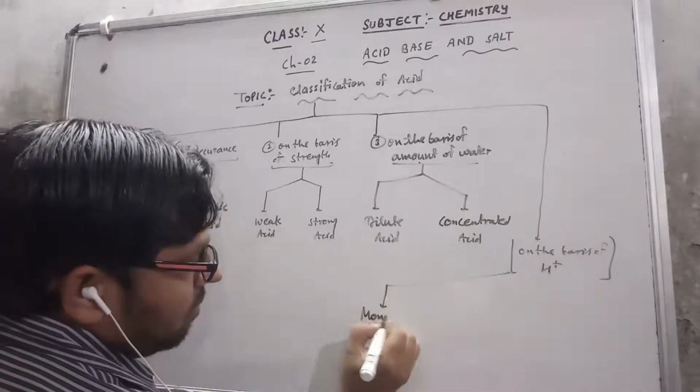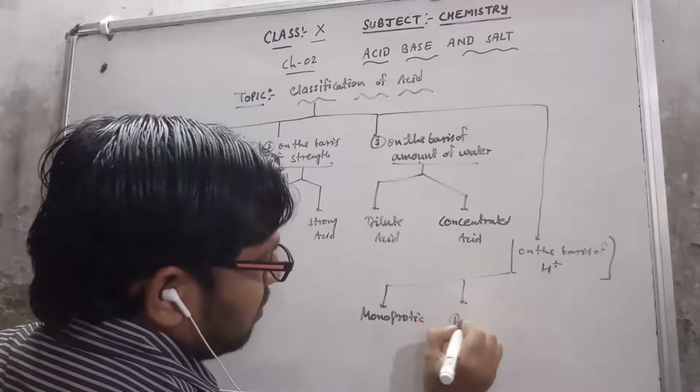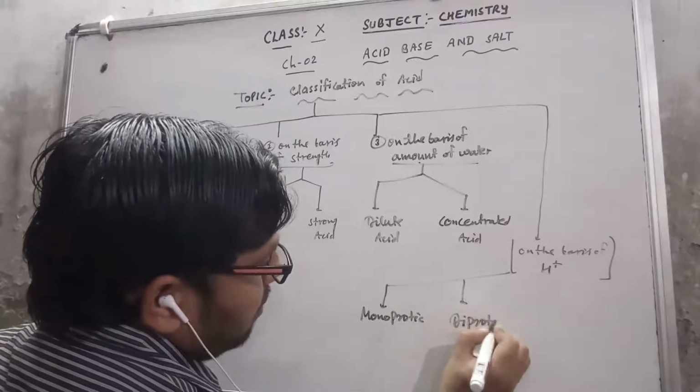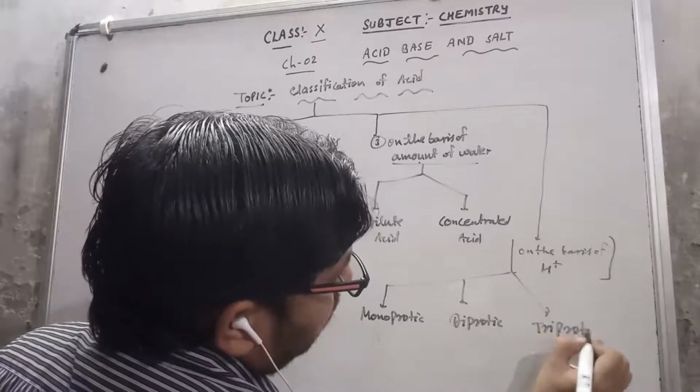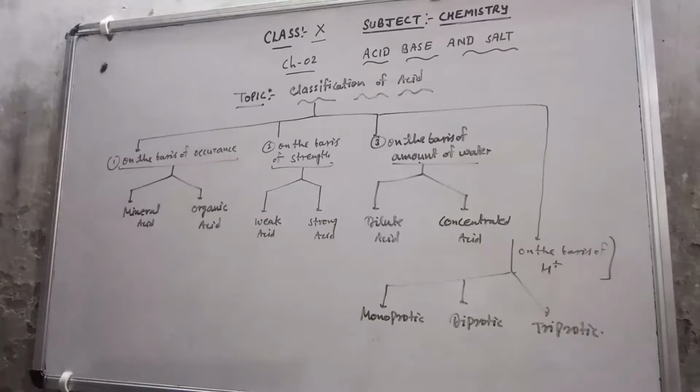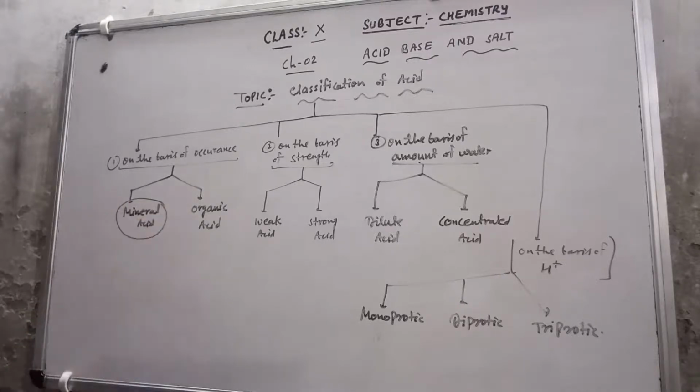One is monoprotic, second is diprotic, and third is triprotic. So monoprotic, diprotic, and triprotic.